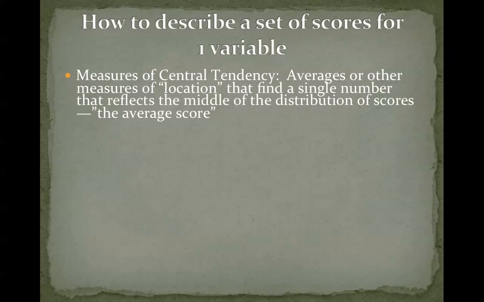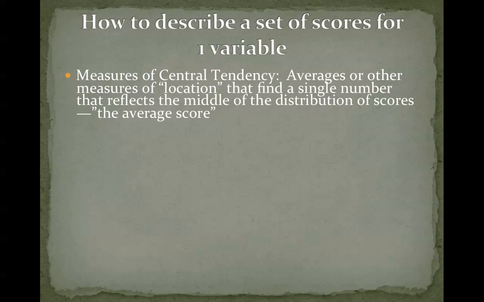So an average is essentially just a way of describing the set of scores for one variable. For example, you have the ages for everybody in the classroom, and you want to know what the average age is.